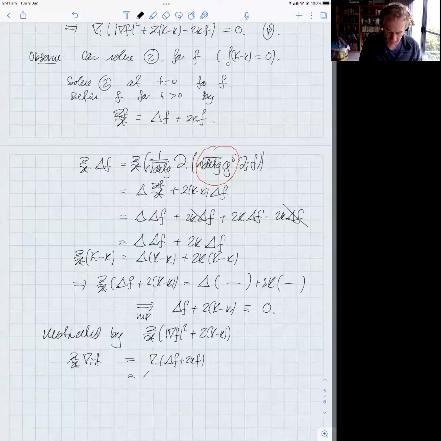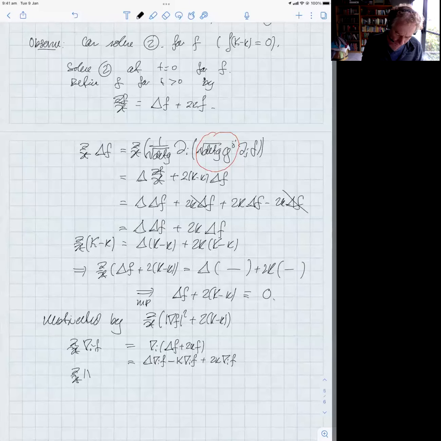That will give me Laplace gradient f. And the curvature term I get from commuting past is minus Gauss curvature times gradient i f. And then I end up with a 2 kappa gradient i f from the last term.